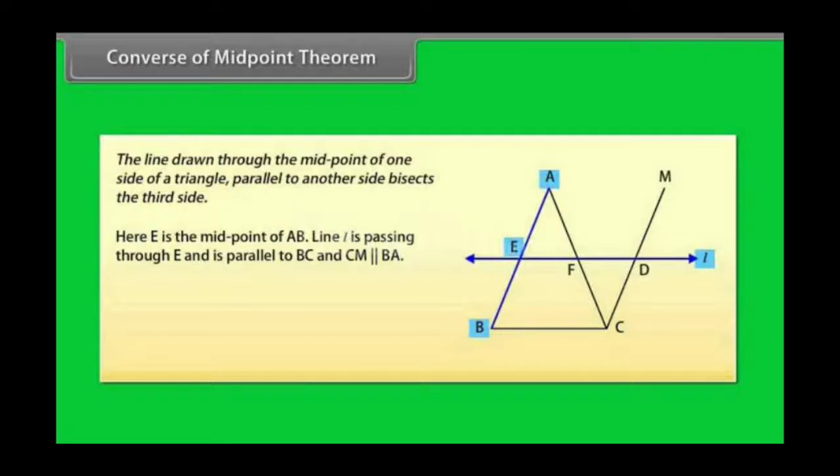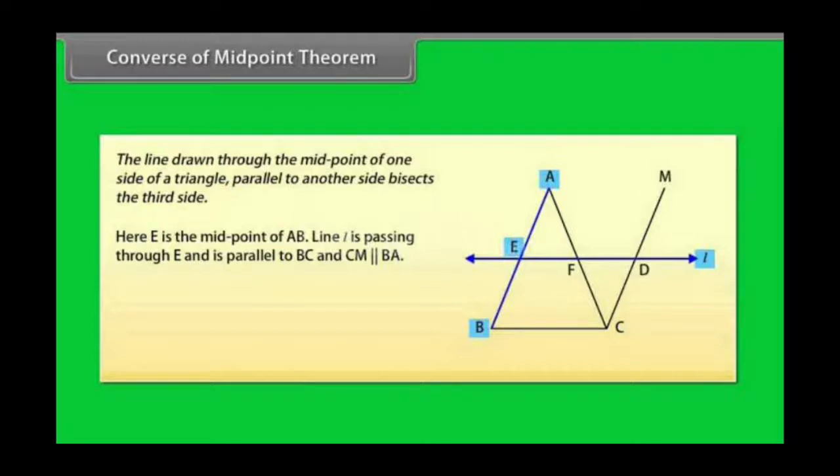In triangle ABC, E is the midpoint of AB and L passes through E parallel to BC, so L bisects the third side AC. We have already considered AB and BC.